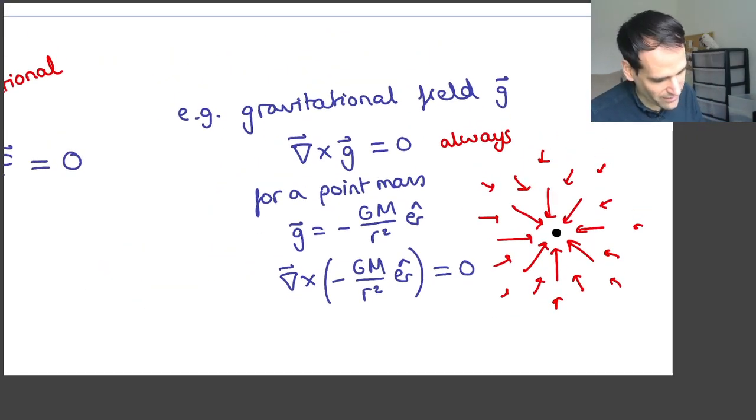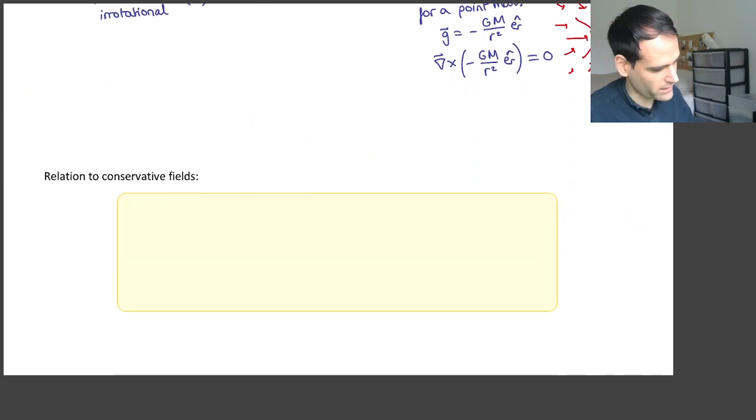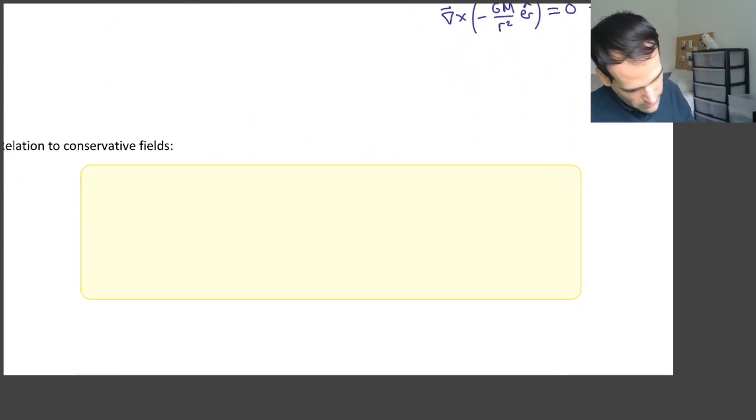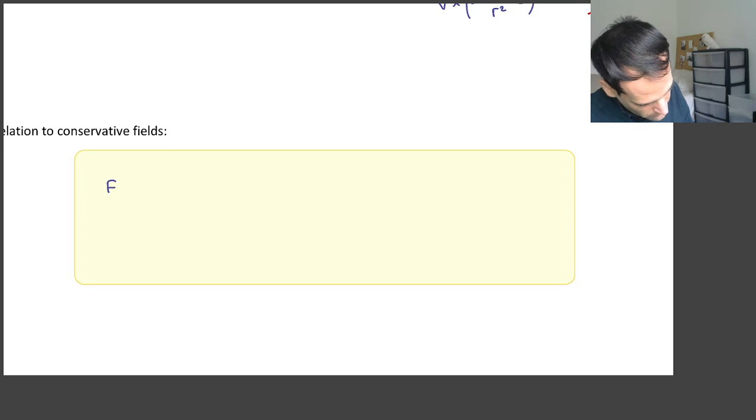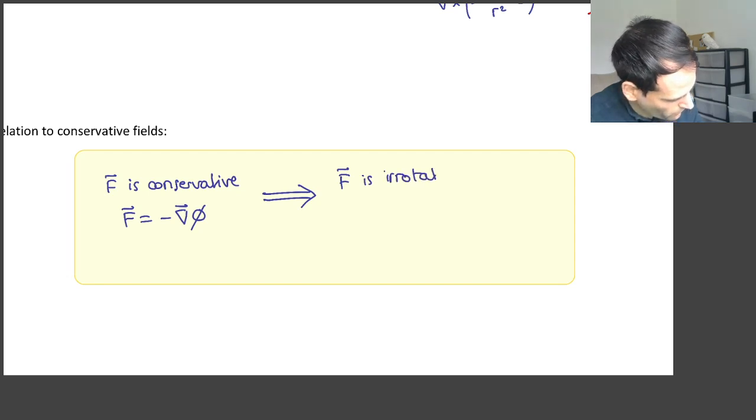Okay, so what's so special about the gravitational field that is conservative? It's also irrotational. Why is that? It's actually not a coincidence. So let me write this important theorem: if F is a conservative field, which means F derives from a potential, then F is irrotational, which means that the curl of F is equal to 0.